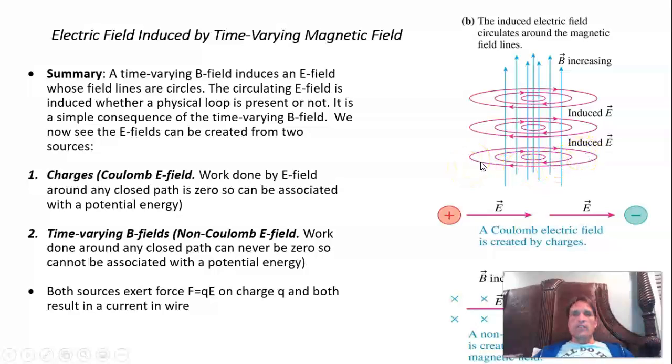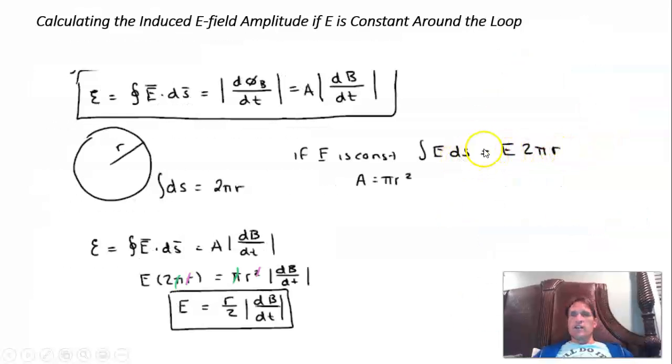So E dotted with ds is E times ds times cosine of 0, which is E times ds, and we're going to integrate this around the circle. If E is constant at all points, we can pull it out of the integral, and the integral of ds around the circle is just the circumference, which is 2 pi r. So the left side is just E times 2 pi r.